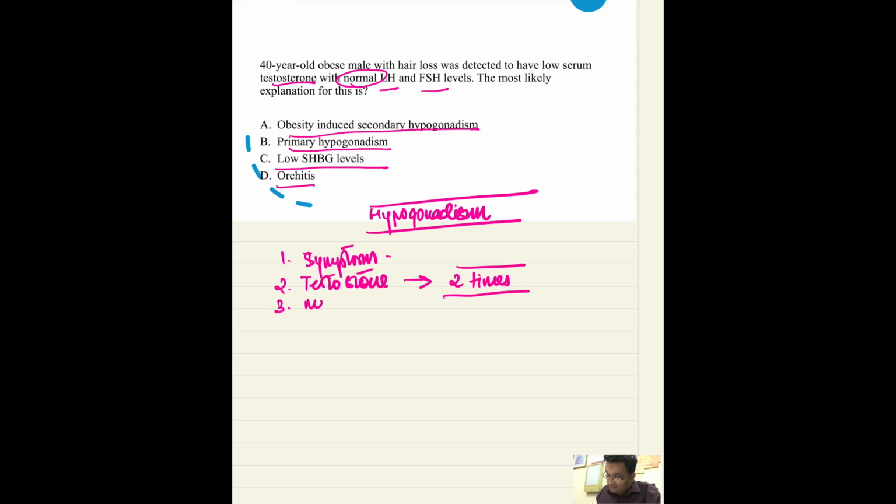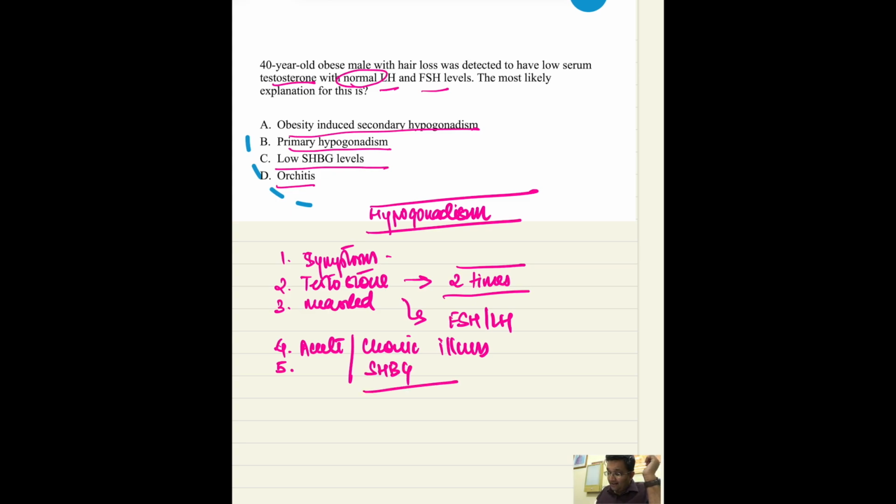Should be measured coupled with FSH-LH. Patient should not have any acute or chronic illness, should not be hospitalized because that can cause falsely lowered testosterone. Or any condition that might alter the sex hormone binding globulin. At that time, we cannot label the patient as hypogonadism.